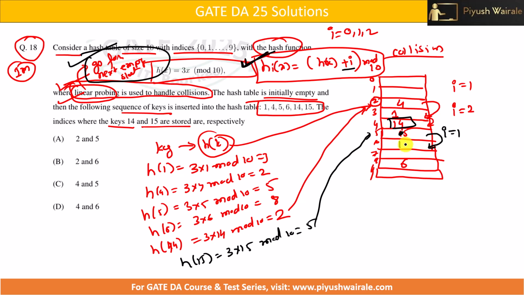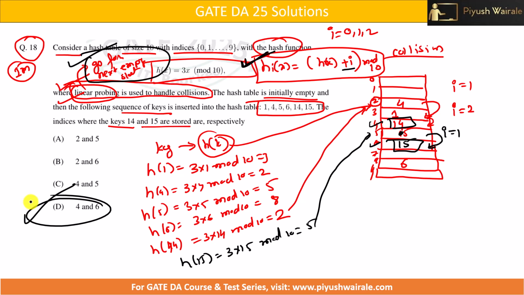So I put the key 15 here. The indices where keys 14 and 15 are stored are 4 and 6. So option D is correct here.